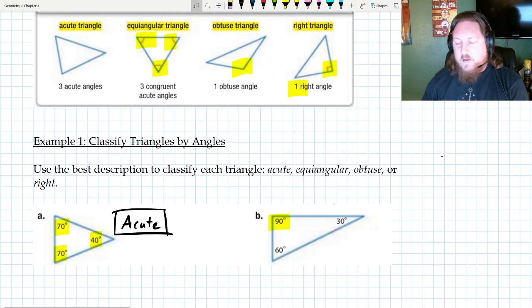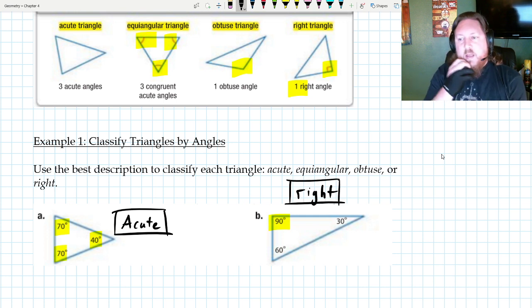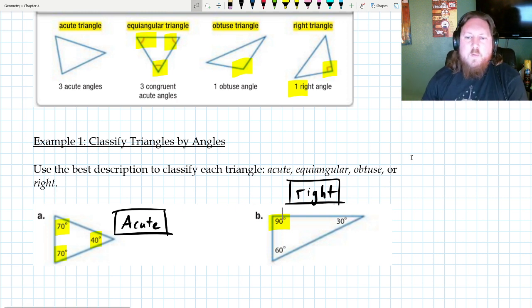I have 90 degrees here, so I call this right. If you had, say, 20, 60, and 100, that would be obtuse because you'd have one angle that's bigger than 90. And when you're looking at it with the numbers all spelled out, it's not too difficult, right?